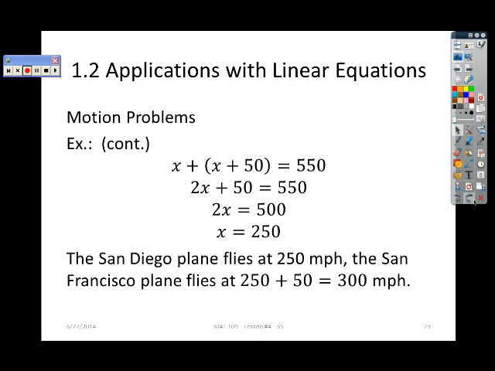Even though it's a fairly complex idea of the planes going different directions at different speeds, that sort of thing, if you organize it, then you can work out the details, and it's not that involved. So again, I strongly recommend the use of the table.